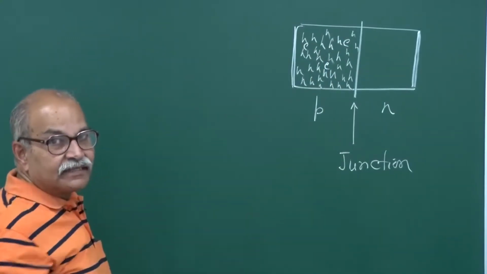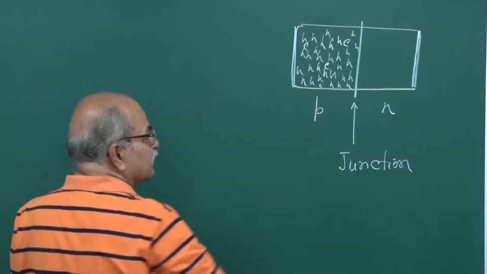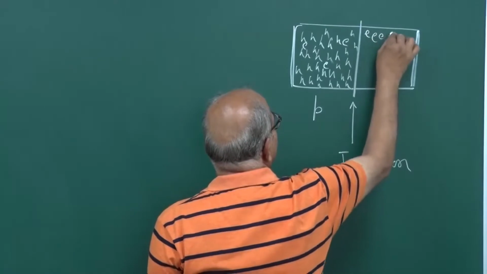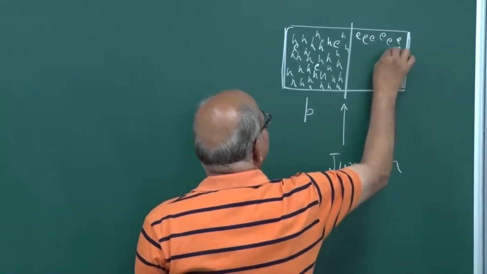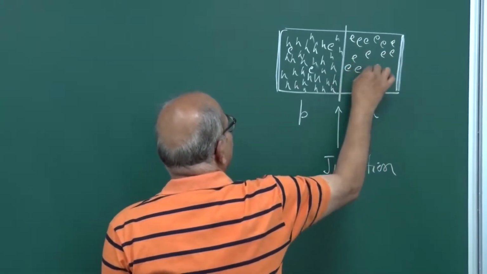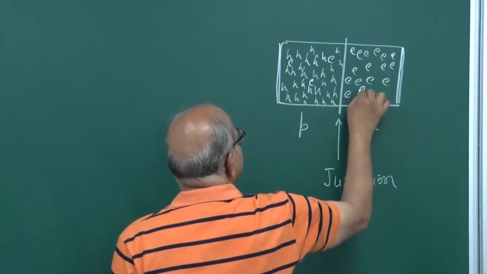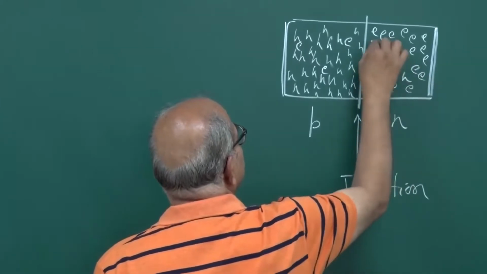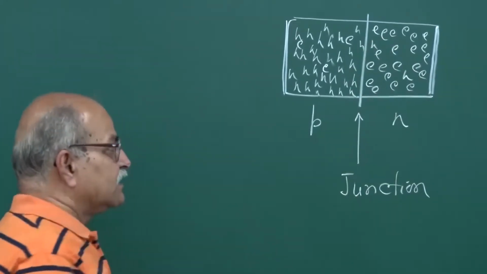Opposite is on the other side, the n side, n-type semiconductor. Here you have a large number of free electrons, because you have put in all those pentavalent impurities, and then you have some holes somewhere, minority carriers.